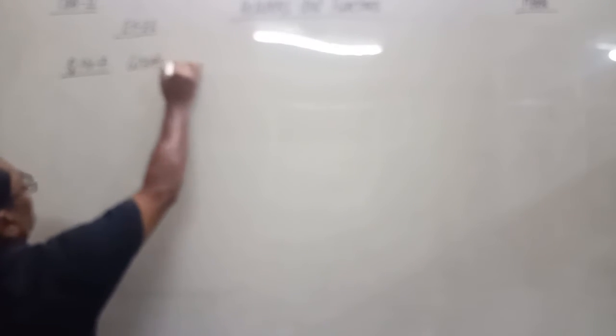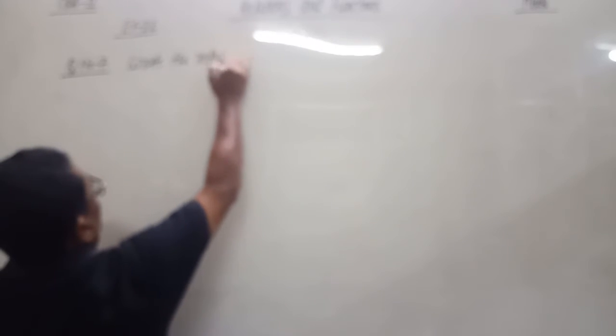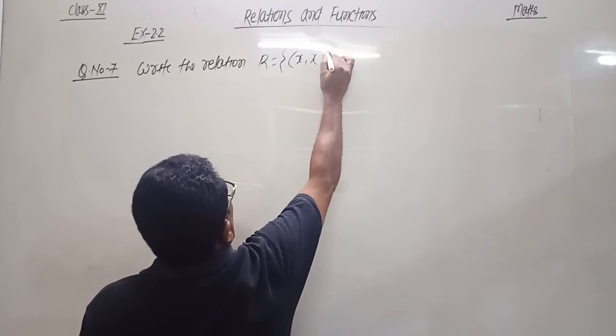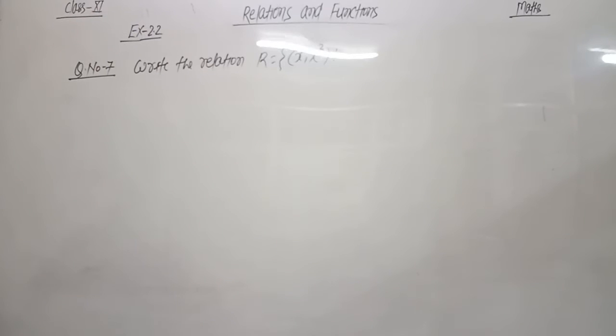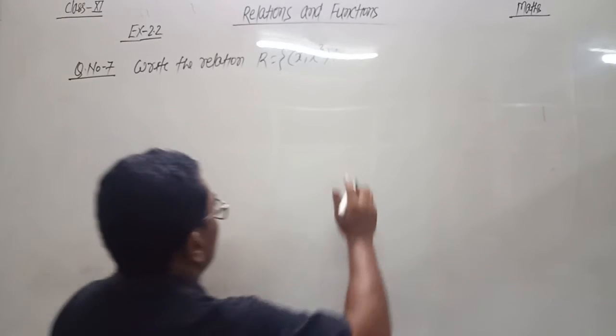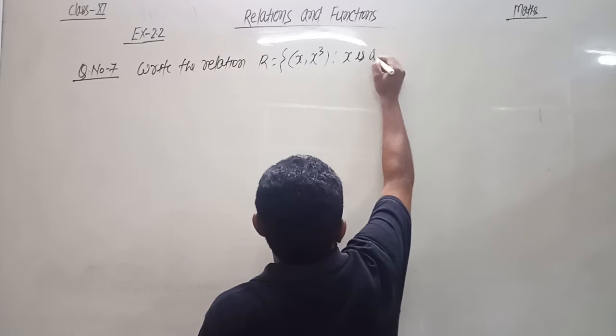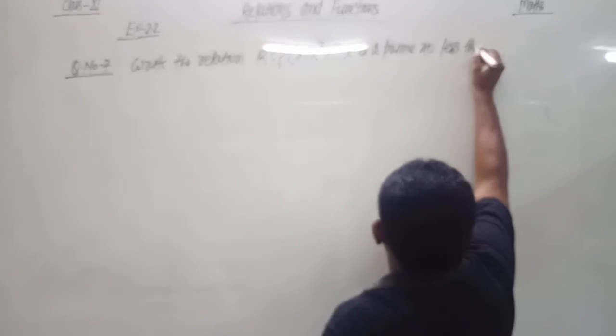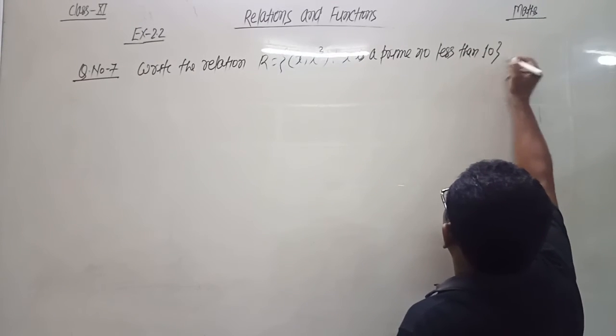Question number 7. Write the relation R equals to ordered pair x comma x cube, such that x is a prime number less than 10, in roster form.